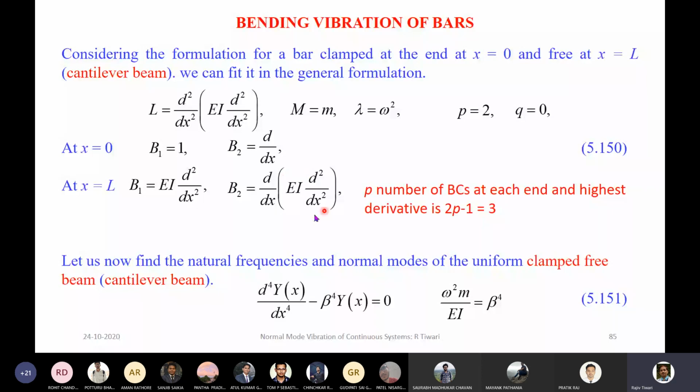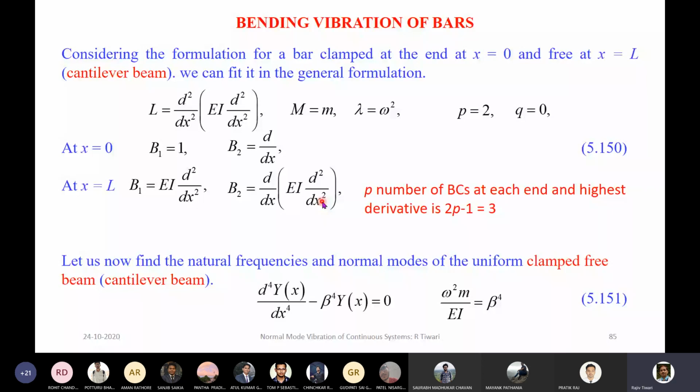So you can see that in boundary conditions, the highest order of differentiation is 3. We already explained earlier that in the boundary condition we can have a maximum order of differentiation of 2p minus 1. So 2p minus 1 is equal to 3, and that satisfies the general formulation which we described.